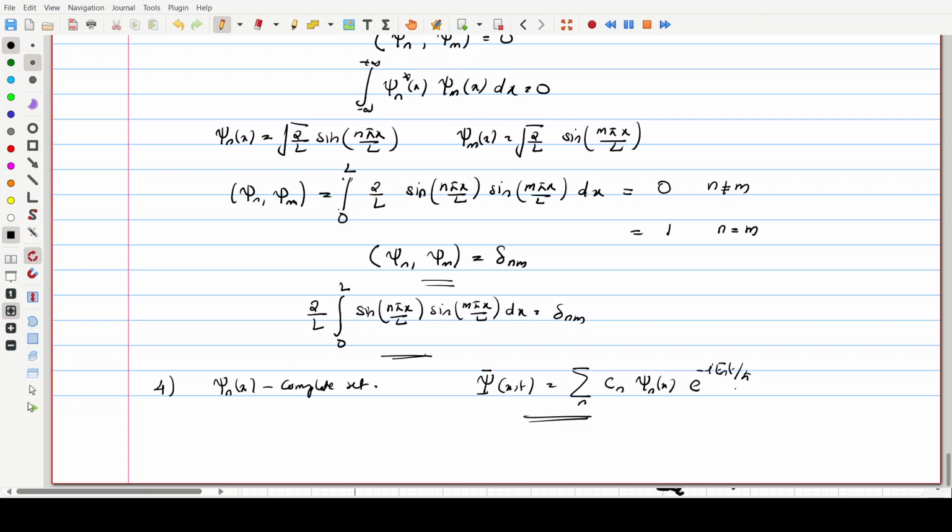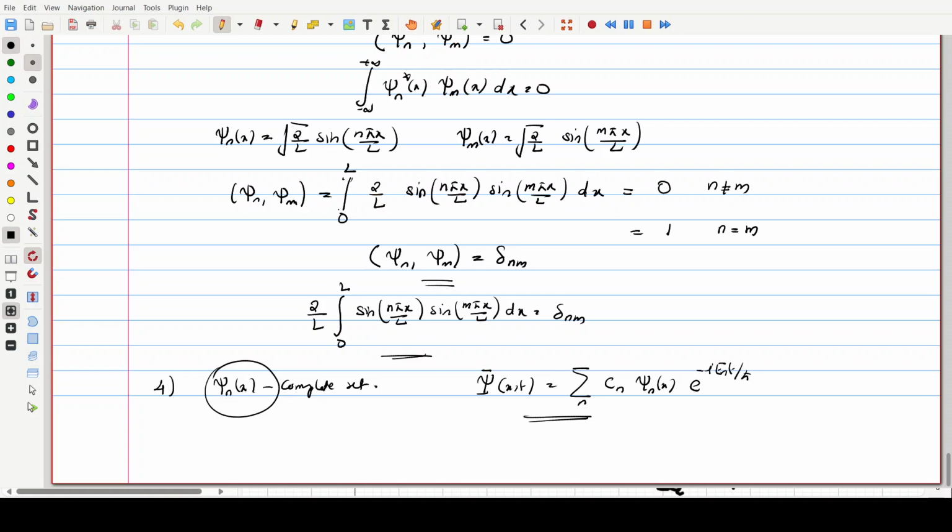This is what is called the superposition principle, and it is used because psi n of x forms a complete set. In the next class we will discuss how we can find the value of Cn, and also what is the relevance of this expansion coefficient Cn.